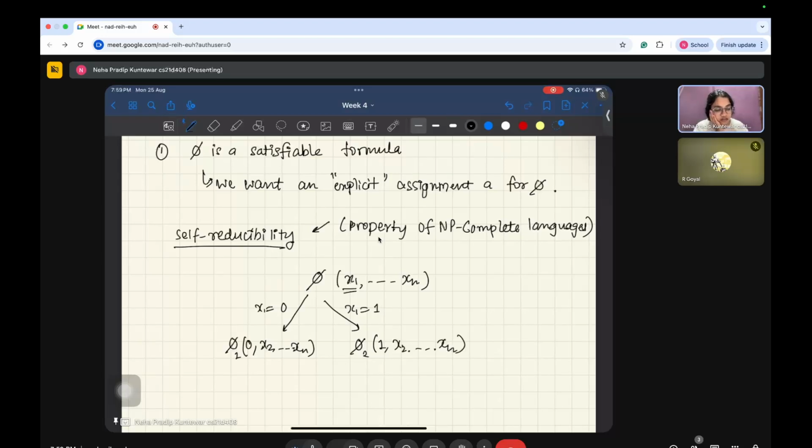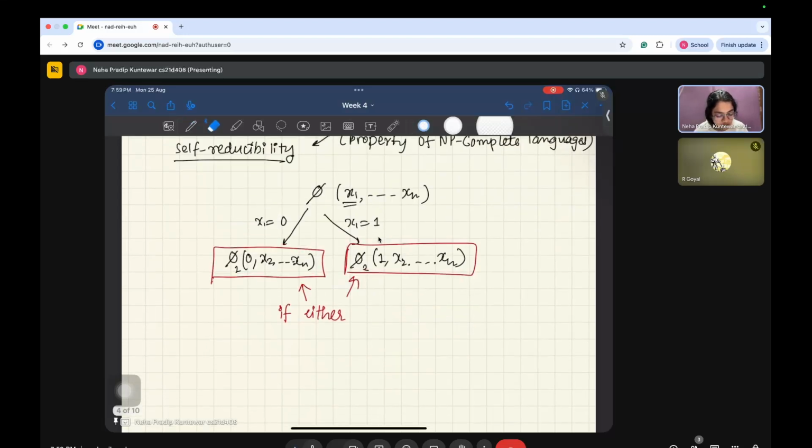Now the question is, if I know the answer to this, if either one of these is yes, say this is yes, if someone solves this satisfiability instance for me and it is satisfiable, then I know that phi is satisfiable.